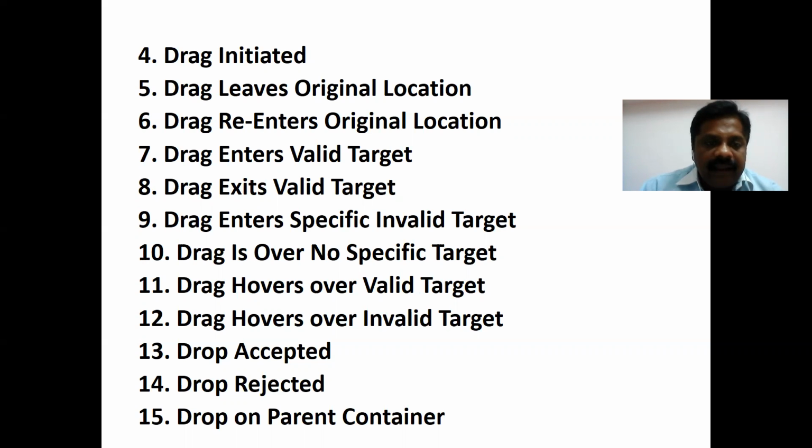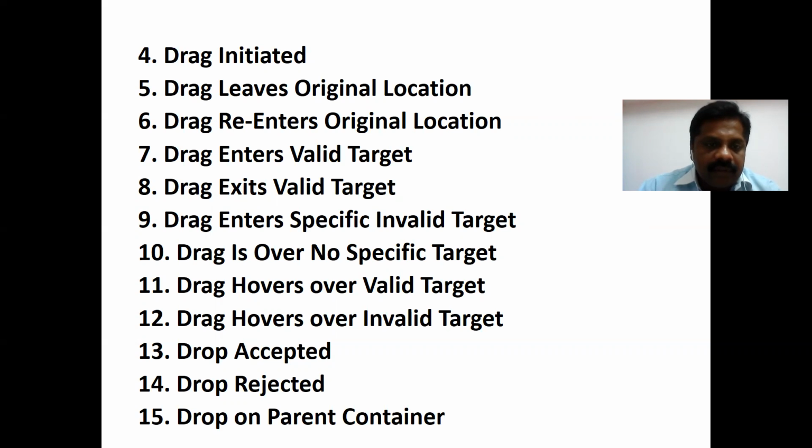Next, drag enters valid target. Suppose you are not removing your finger, you are dragging that folder or button, and you move it to a particular target place. Drag exits valid target.